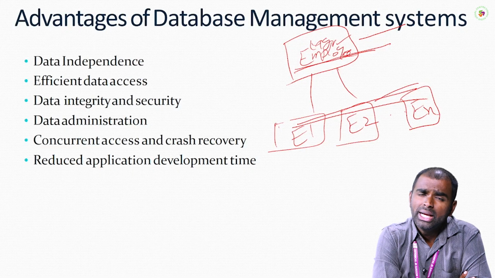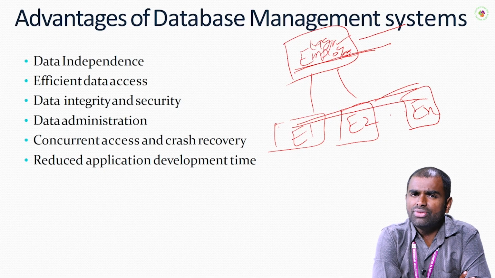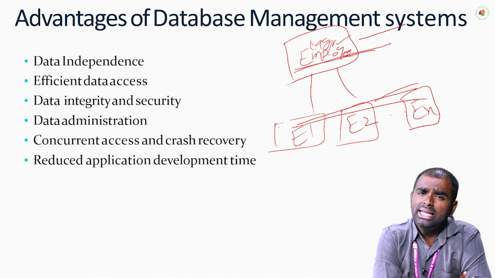Next, we went to big data, and again from big data we went to cloud. These are all for data storing purposes only. The first one is the DBMS, which was developed by IBM in the 1960s.